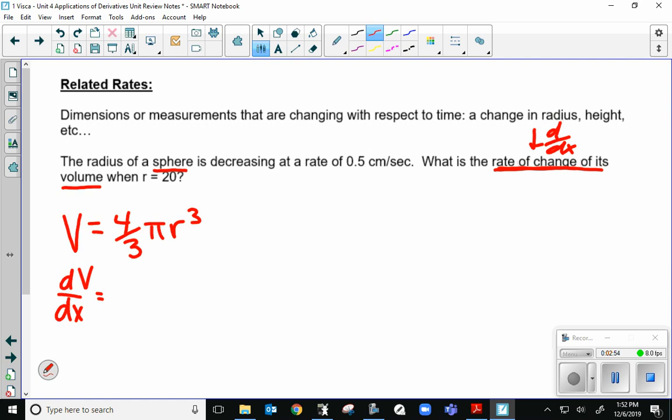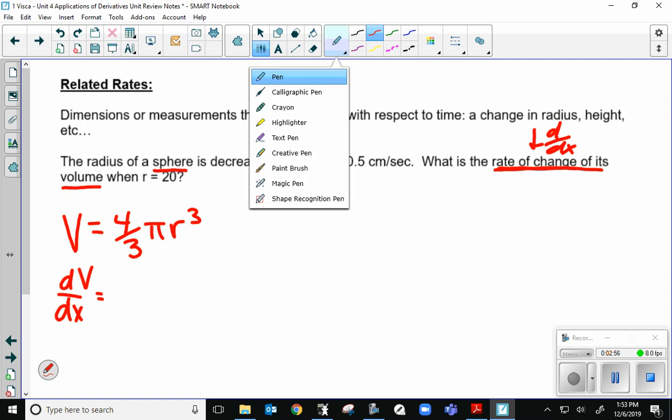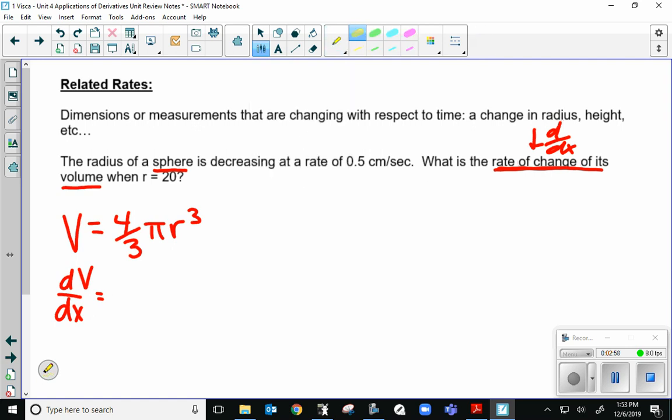Now, I have to take the derivative of my equation for volume. Keep in mind that my variable is r, which means that 4/3 and pi are constants. So let's say I didn't have 4/3 pi. That's a rational number, 4/3, and some irrational number, pi.